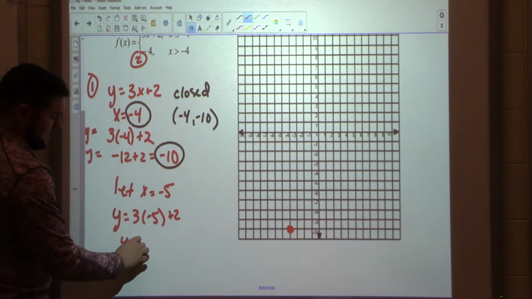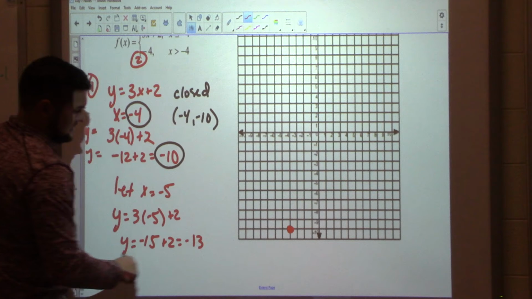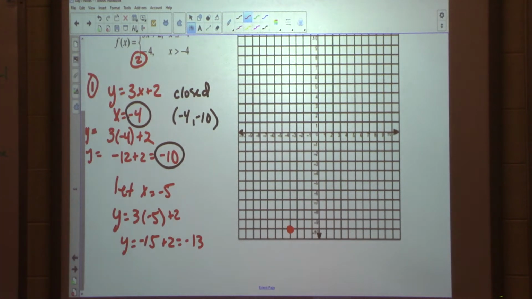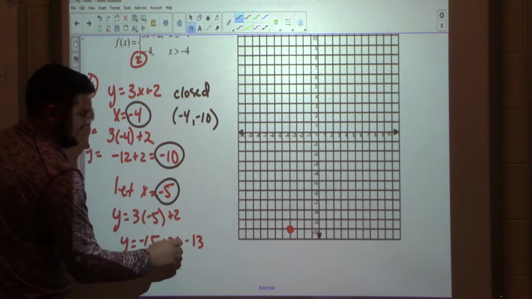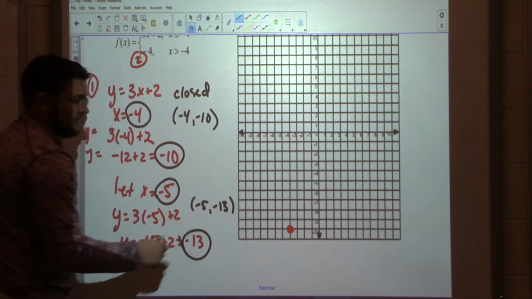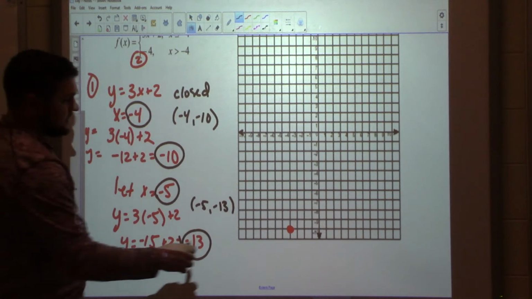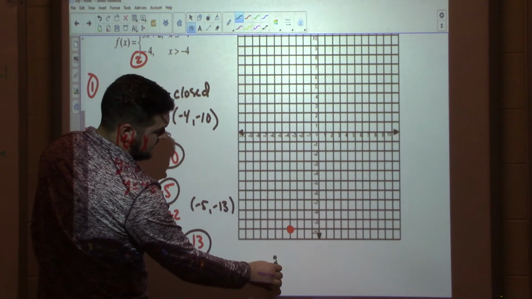Well, y equals -15 plus 2, which is -13. So at -5, -13, I have another point on that part.